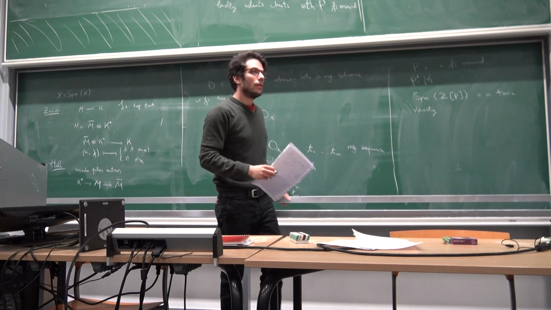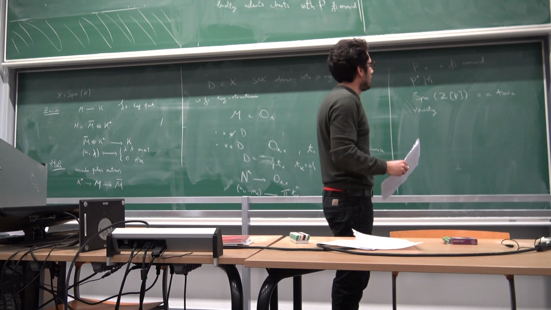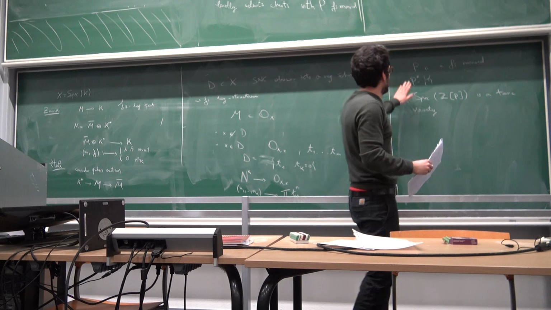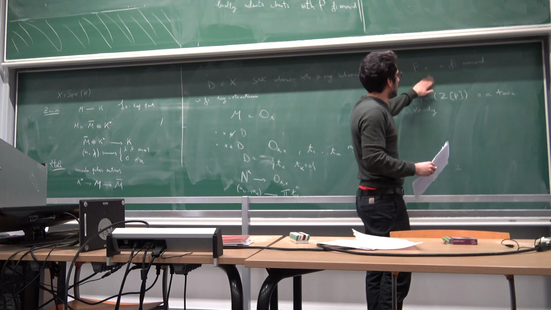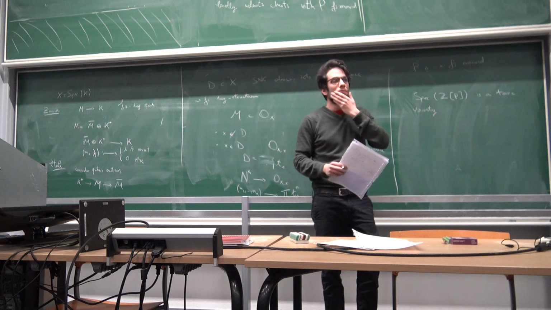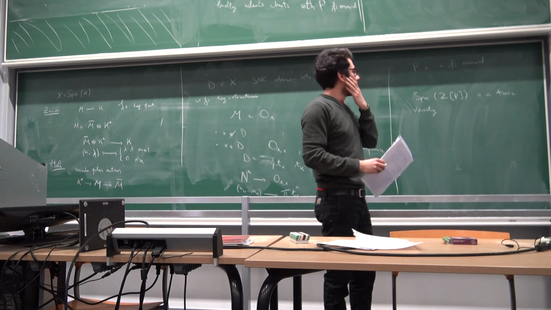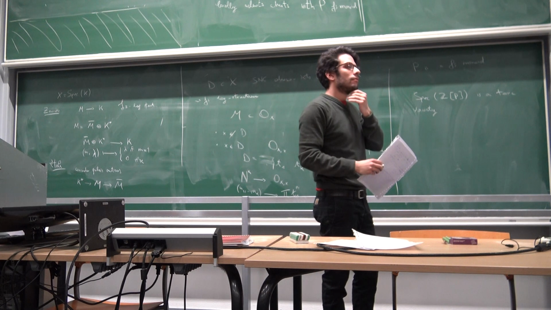Why do you exclude units? I mean, is not G_m also a toric variety? Yeah, it's true actually. It's not a variety. G_m includes every variety. I mean, it's not over a field, but you could replace that with a field.